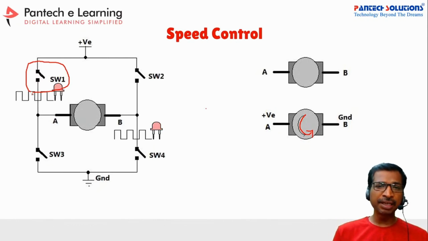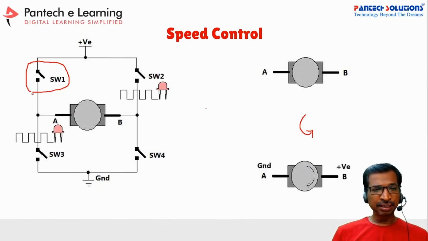Similarly, in real-time applications, you have to use a microcontroller to generate variable pulse width modulation. And this is the reverse direction. For the clockwise direction, you have to enable switch 2 and then switch 3. Like that, if you generate a PWM, then we can vary the motor direction as well as the speed.